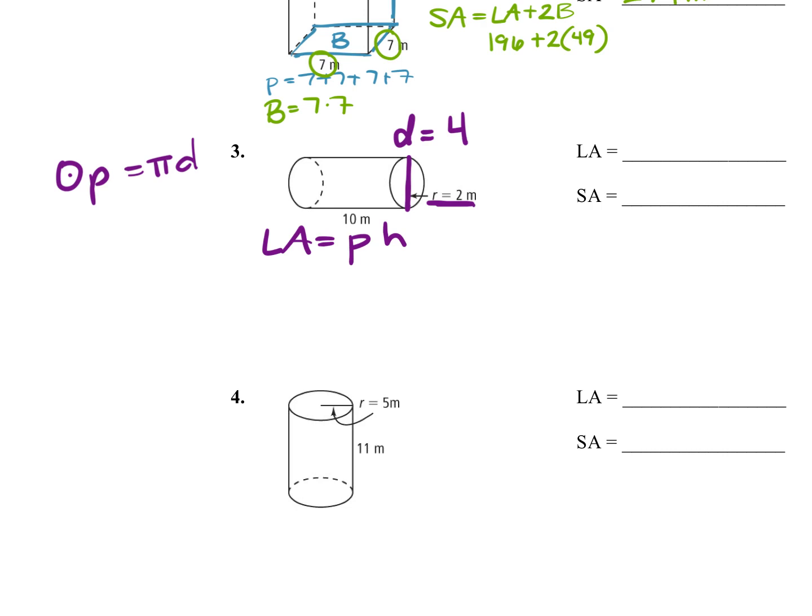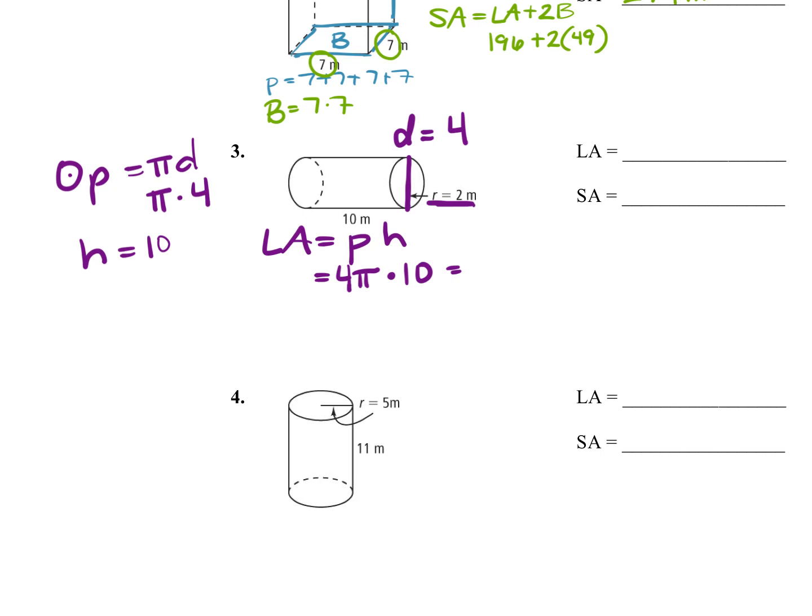Okay, so this is pi times 4, right? So P is 4 pi. H is the distance between your bases. It's the height of the figure. So what is your H in this problem? That's the 10. Okay, now hear me on this because this gets done wrong a lot.